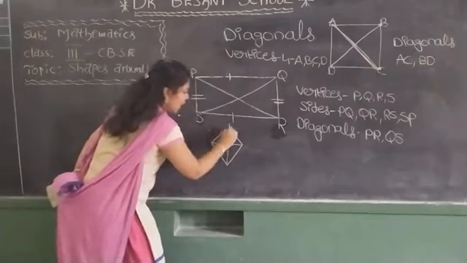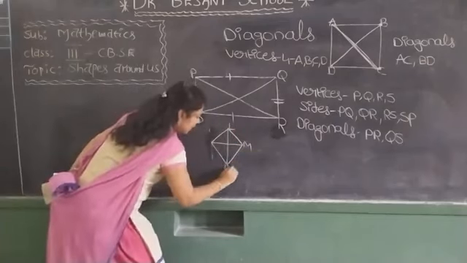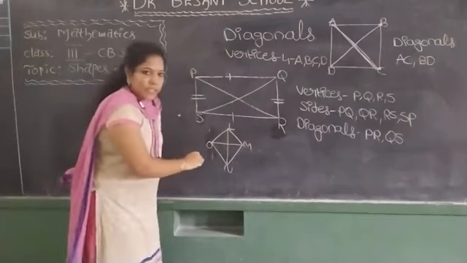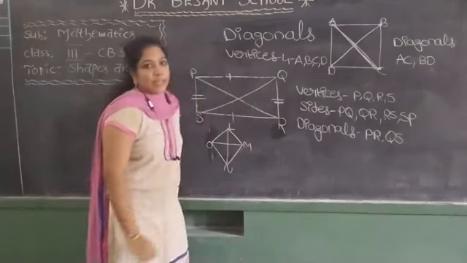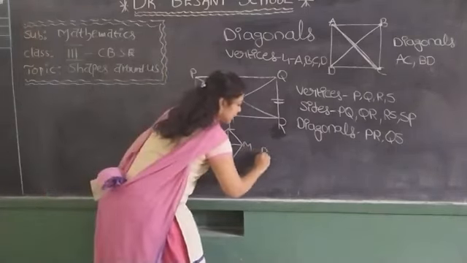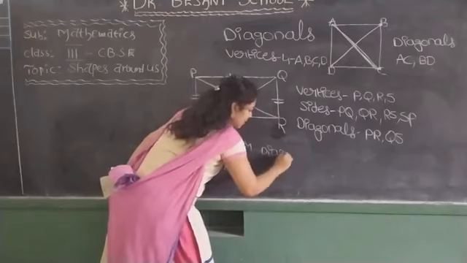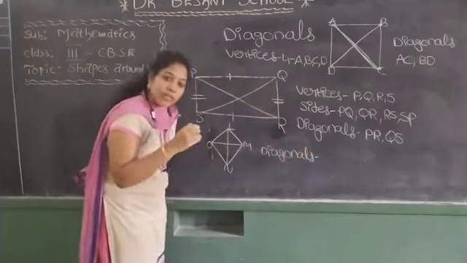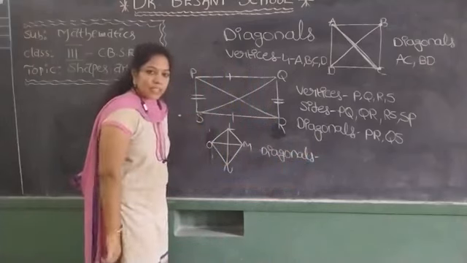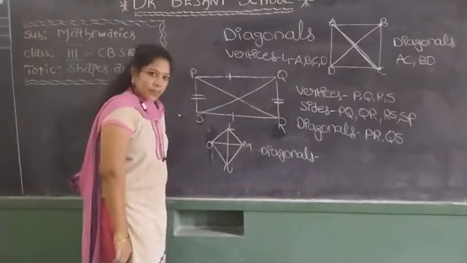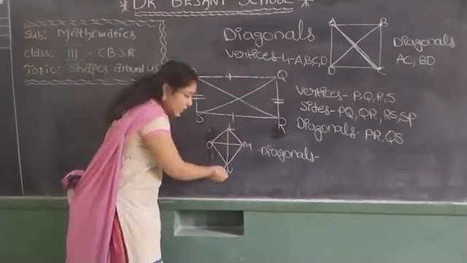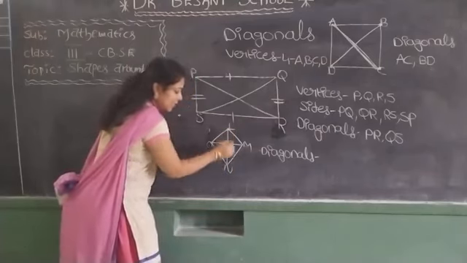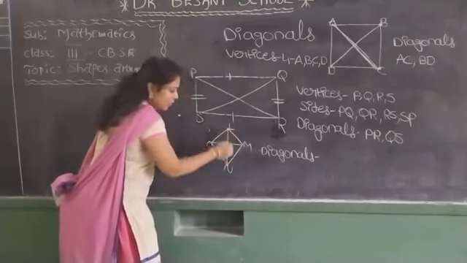Observe and say L, M, N and O. For this figure I am asking only about diagonals. What are the diagonals here? I want only diagonals. What are the diagonals for this one? The line that connects the opposite corners.